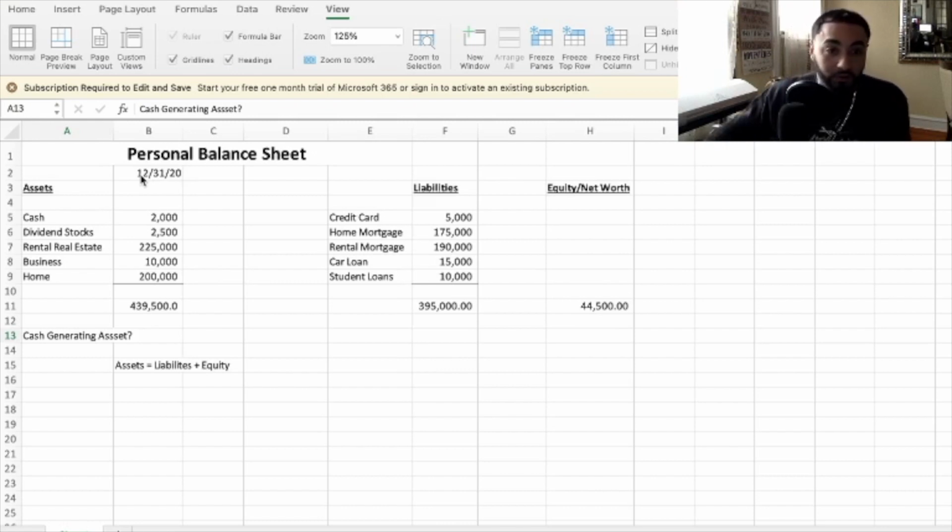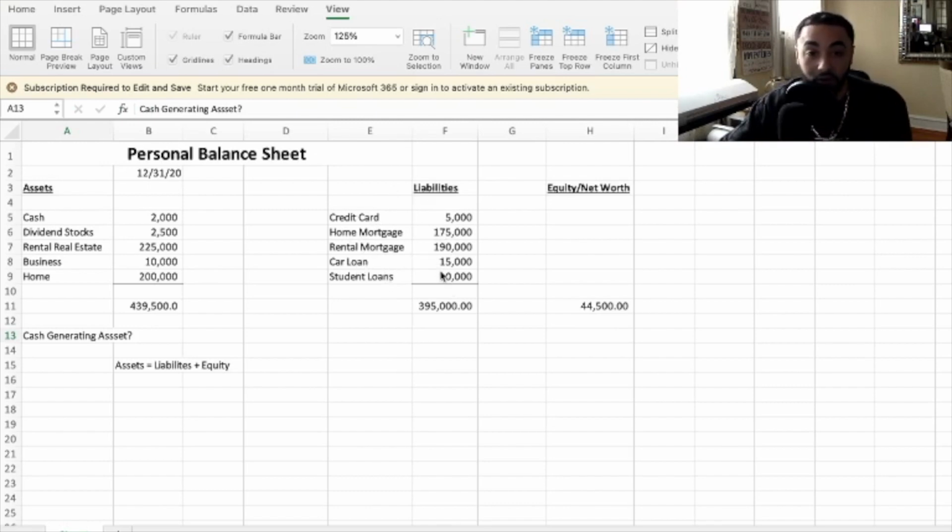But just to give you a review of a personal balance sheet, you can see we have cash, dividend stocks, rental real estate, a business, and then a home, which totals $439,500. And then on the liability side, what we owe, we've got a credit card of $5,000, a home mortgage of $175,000, and a rental mortgage of $190,000.